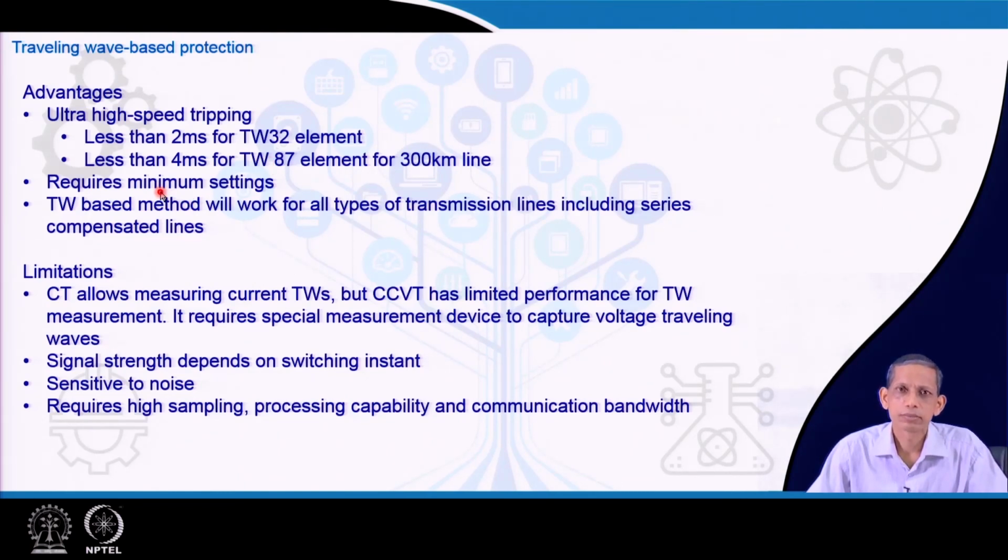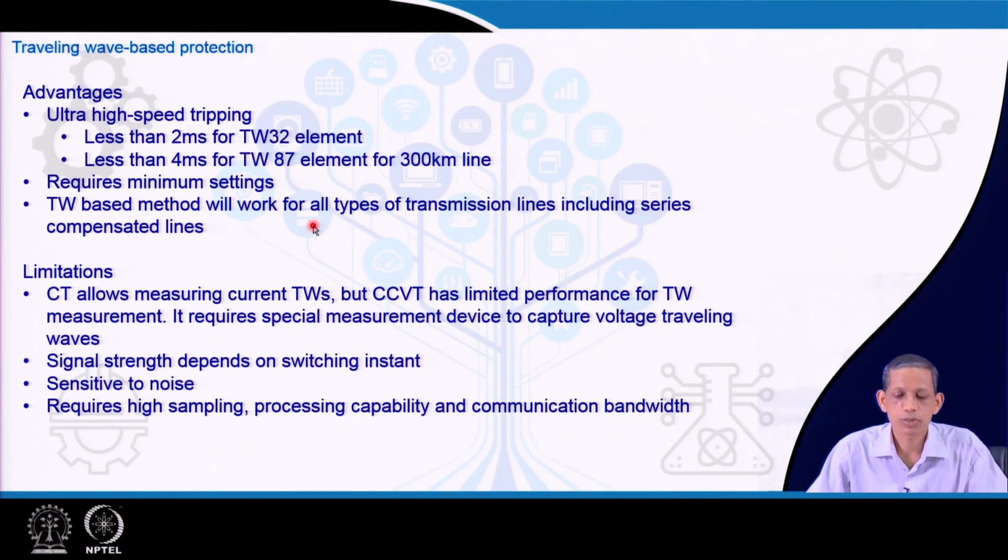Unlike distance, differential and directional relays based on the conventional phasor approach, it requires very minimal settings. The travelling wave based method will work for all types of transmission lines including series compensated lines. For series compensation, the associated reactance 1 upon C omega, with omega at a high frequency for this transient wave, at a frequency of 1 megahertz or so becomes pretty small.